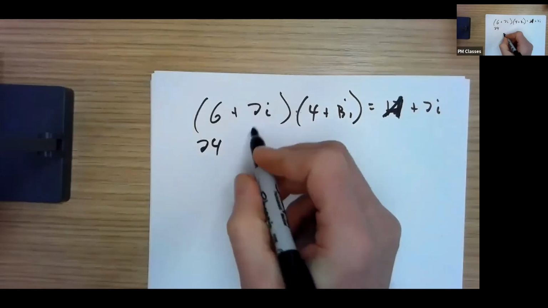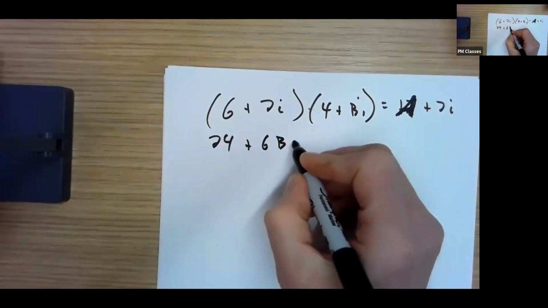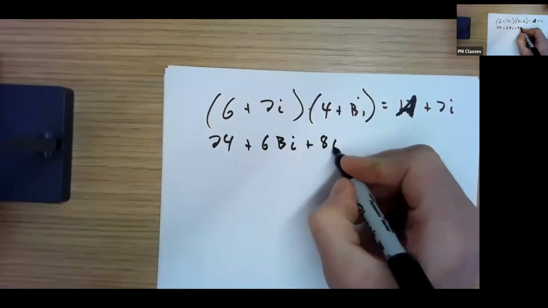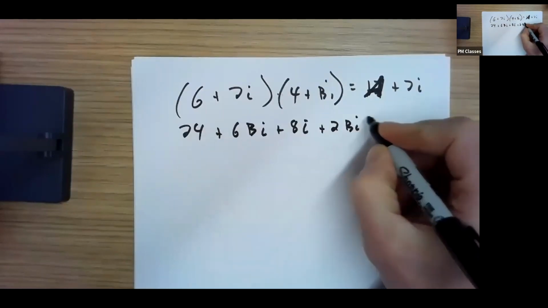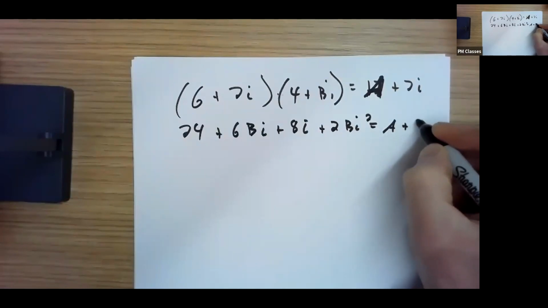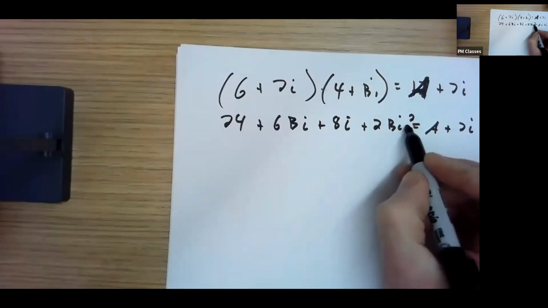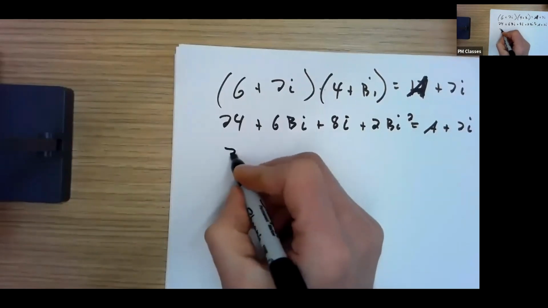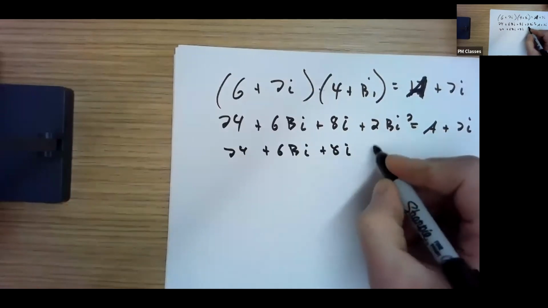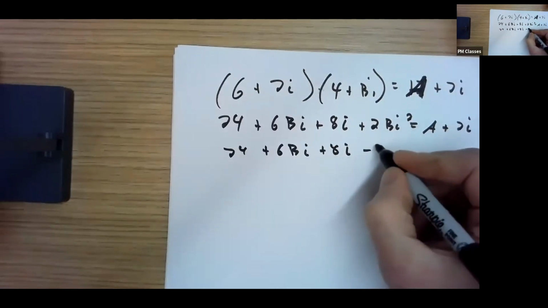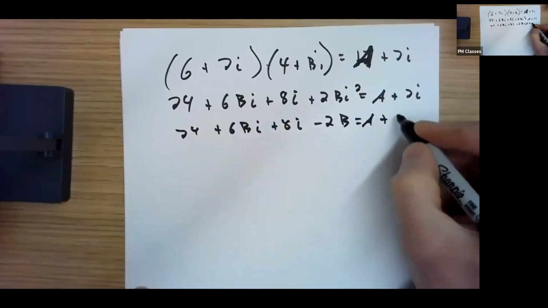We can do that. 24 plus 6bi plus 8i plus 2bi squared equals a plus 2i. Okay, i squared is -1, so 24 plus 6bi plus 8i minus 2b equals a plus 2i.